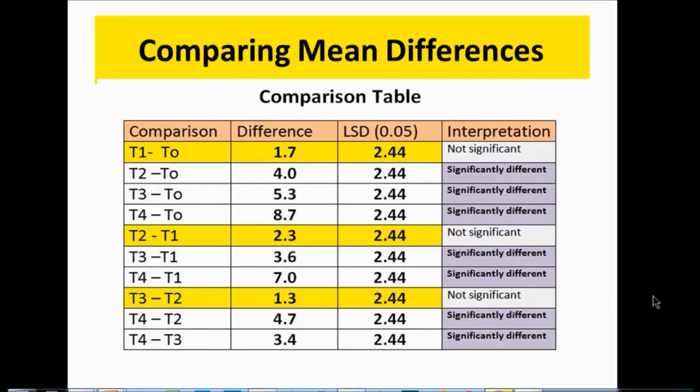If the calculated LSD is less than the difference, it shows that the two treatments being compared are significantly different in terms of the treatment means. By the way, the use of this format is applicable to treatments with the same number of sample replicates.